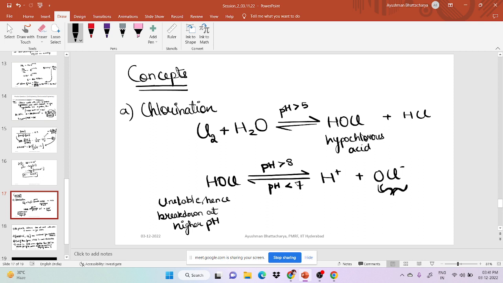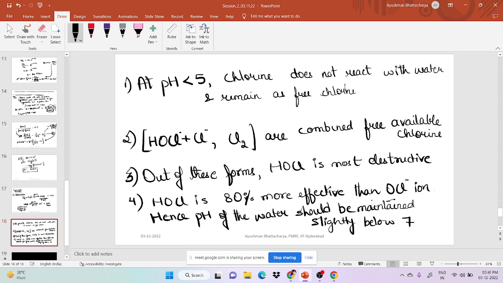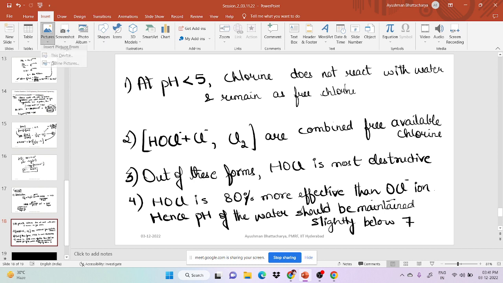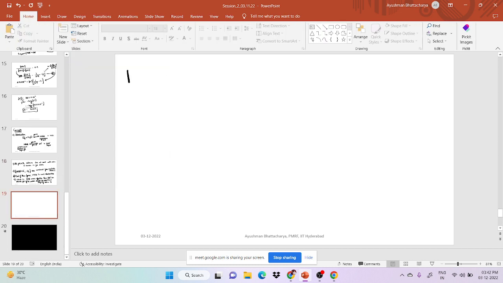Also, other things are the forms in which chlorine is added.